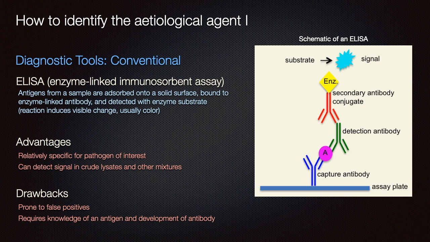However, there are some drawbacks. First, these ELISAs tend to be prone to false positive signals where you have nonspecific binding. And second, it requires advanced knowledge of the antigen of interest and development of an antibody.